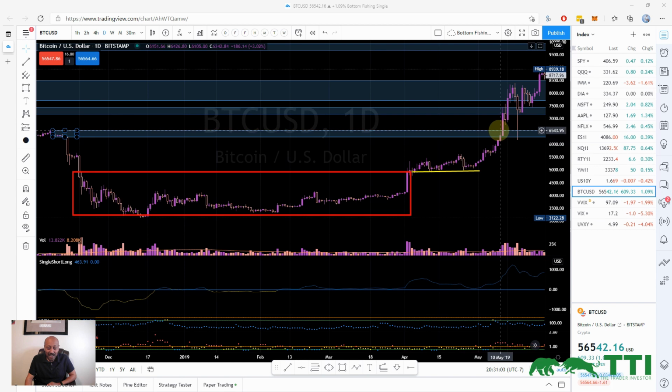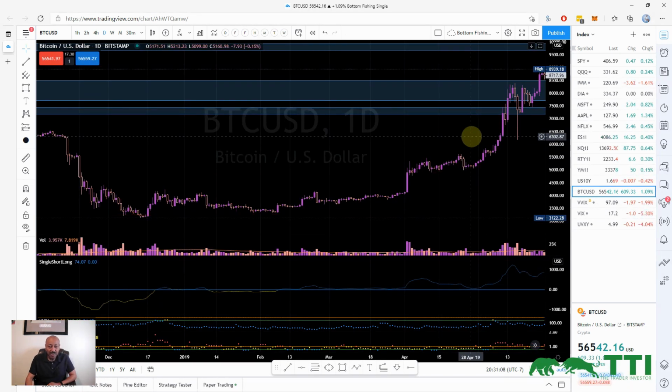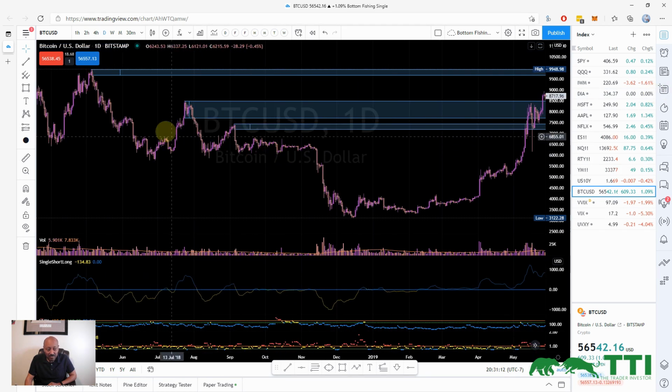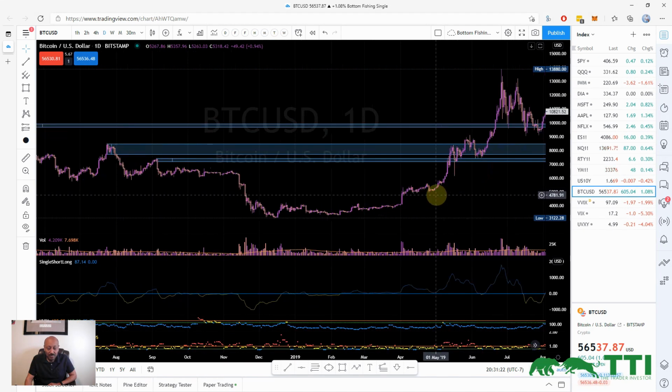Because of that, I am not treating this as a short entry. I am taking this out. And even though price has made lower highs and it had kept going down, I have confidence that we have reached an accumulation and price is moving up.